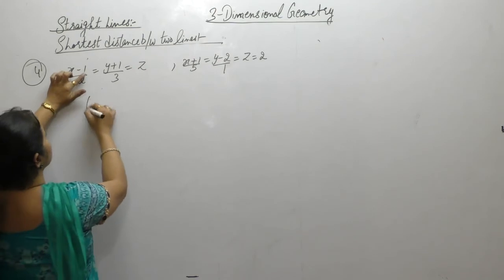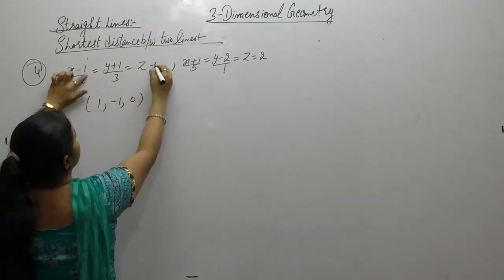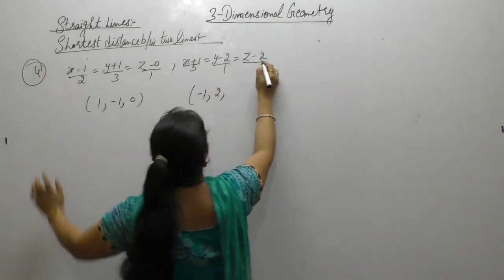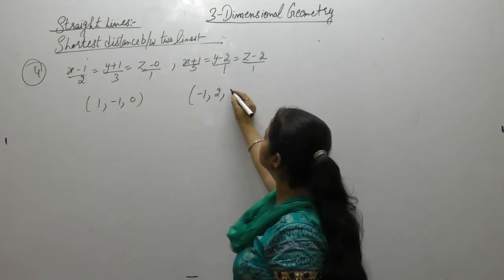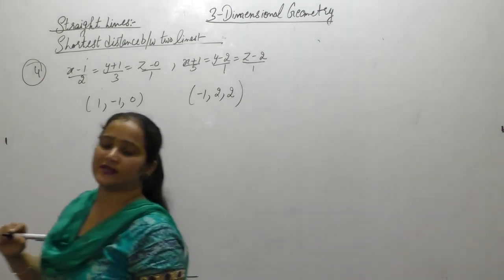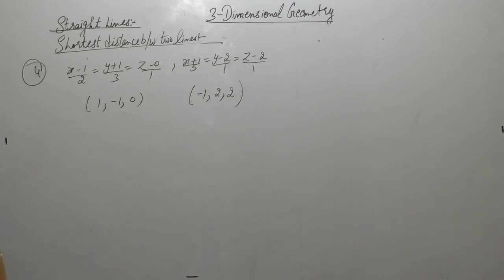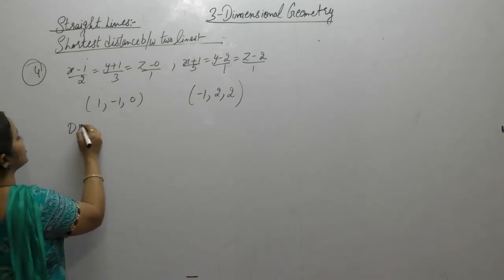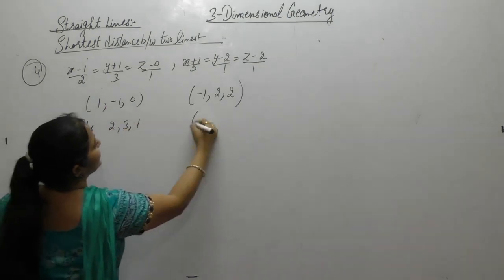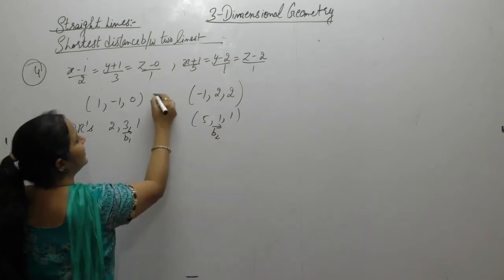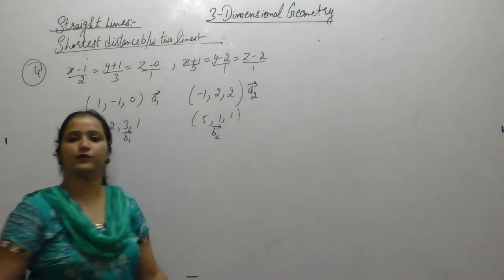Now first line passes through 1, minus 1, 0 and the second line passes through minus 1, 2, 2. Now the direction ratios of the first line are 2 3 1, second line is 5 1 0. This is b1 vector, b2 vector, this is a1 and this is a2 vector.